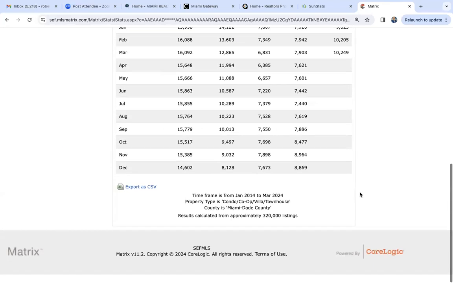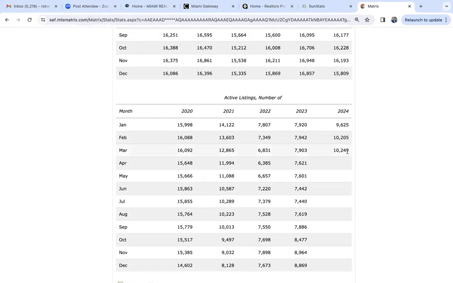So looking at the data here, we currently have 10,249 condos. How many condos were available back in March of 2022? 6,831. So when you relate that to the single family home market, we only increased by 300, remember? I think it was like from 4,300 to 4,600.